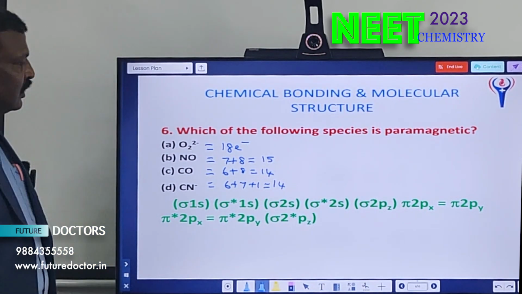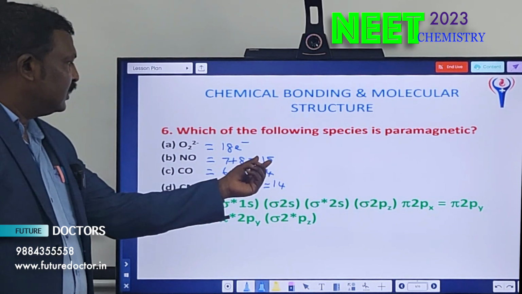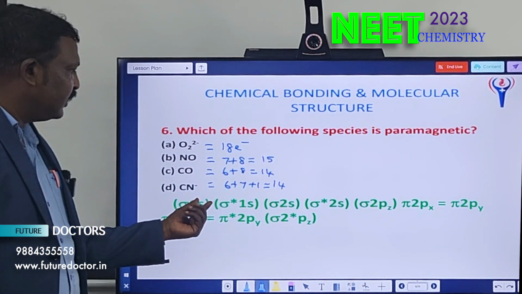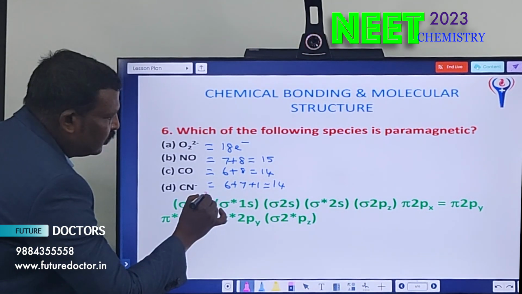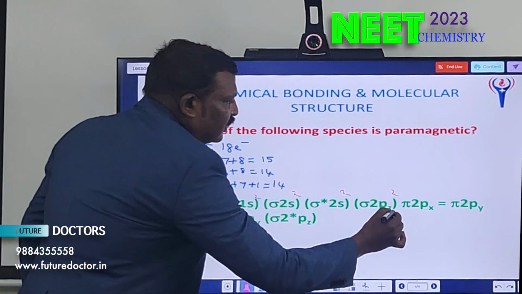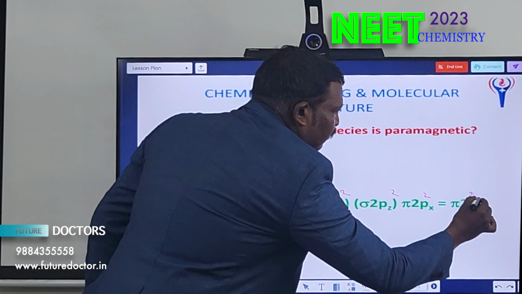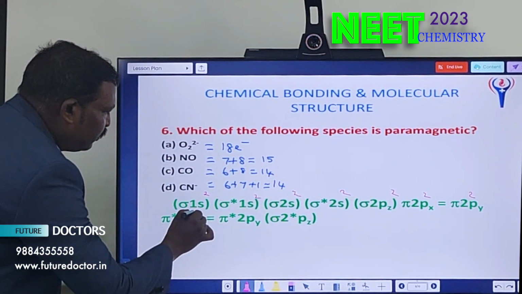Mostly you take the odd number. We have 15 electrons, and that 15 electrons we can fill up here. You know how to fill up: 2, 4, 6, 8, 10, 12, 14, so we put only one here.